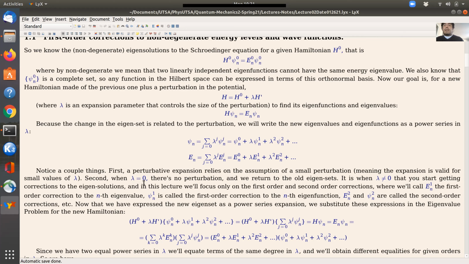Again, when lambda is equal to 0, there is no perturbation, and you go back to the old solution, which is the lowest order. It is when lambda is not 0 that you start getting corrections to the eigenvalues and the eigenfunctions. Usually it is enough in quantum mechanics to stop at second order corrections to the energies, and first or second order corrections to the wave functions.